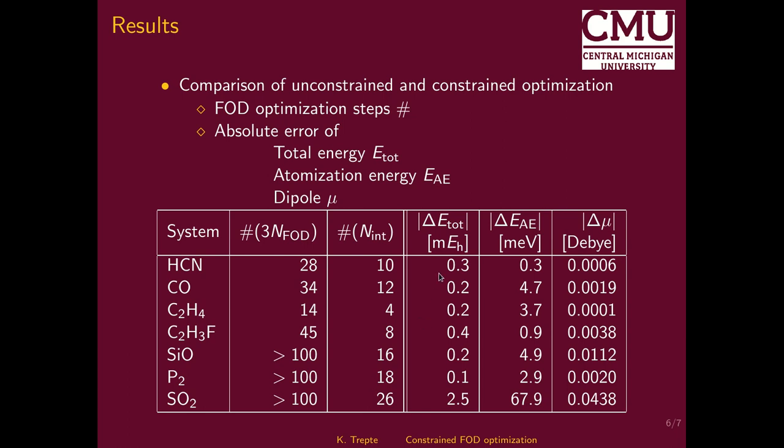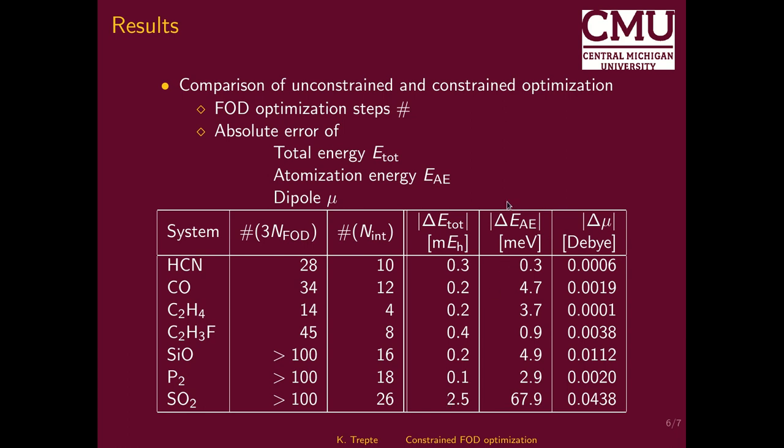Now, having a look at some of the properties of our molecules, what I want to show you is the difference in total energy in millihartree. And as we can see, these total energies are pretty much identical. Even for SO2, we have a difference of 2.5 millihartree, which on a total energy of around 600 hartree is not the biggest difference.